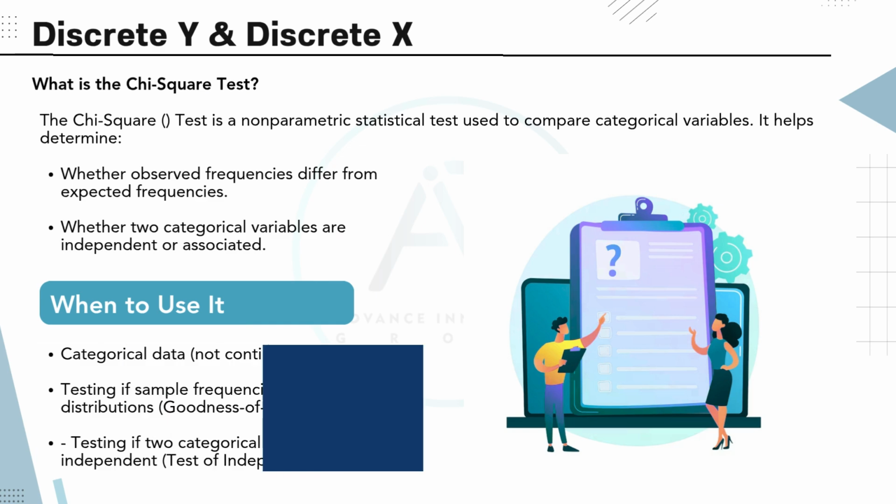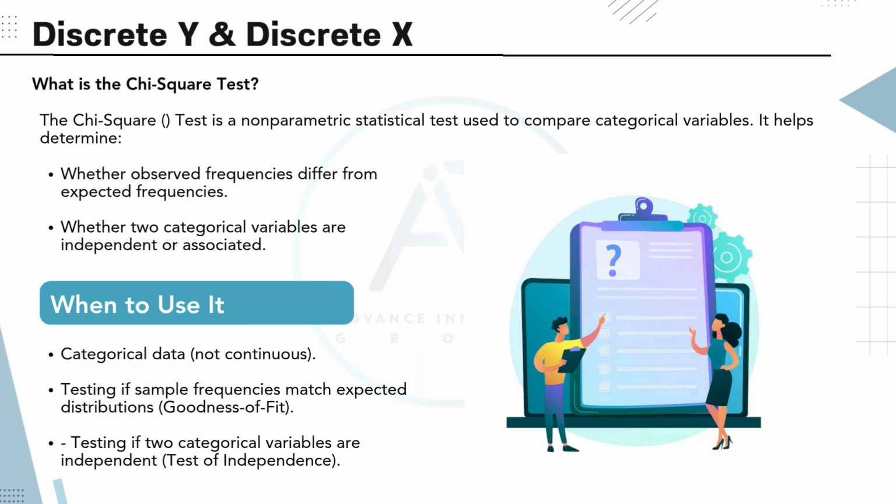Let's understand what the chi-square test really is. The chi-square test is a non-parametric statistical method used when you're dealing with categorical data, meaning data that falls into distinct groups like regions, product categories, or yes/no answers. This test helps answer two critical questions. 1. Are the observed frequencies different from the expected ones?